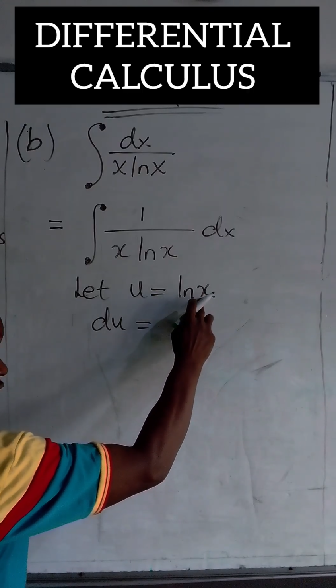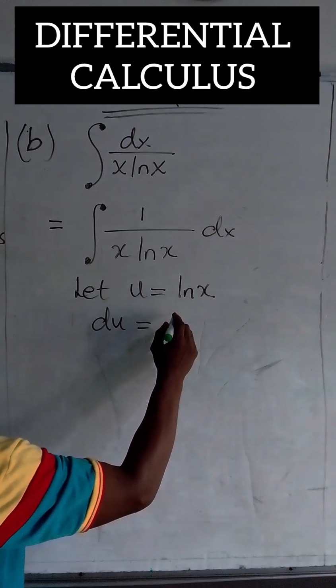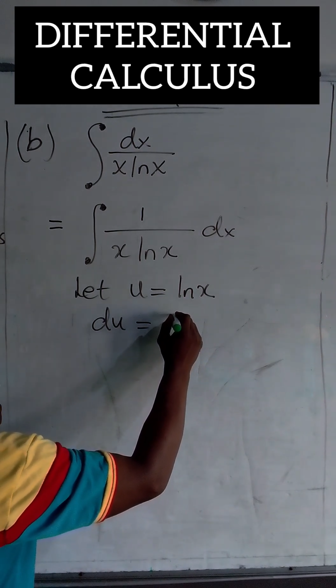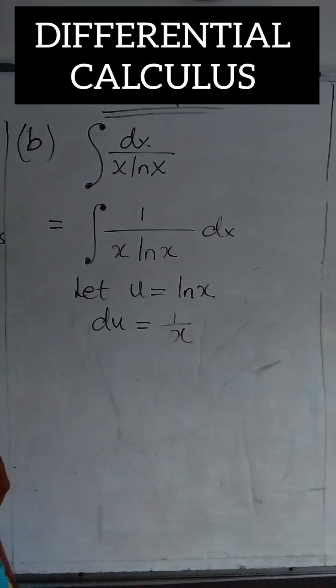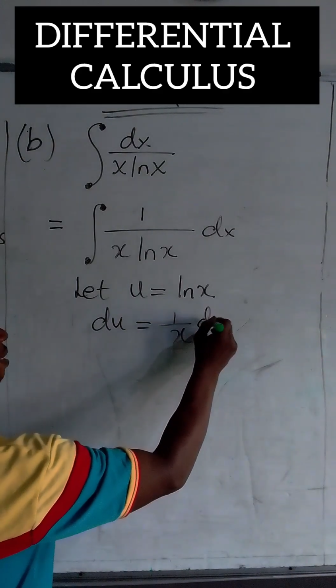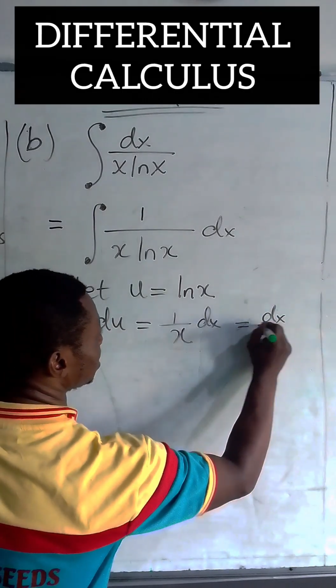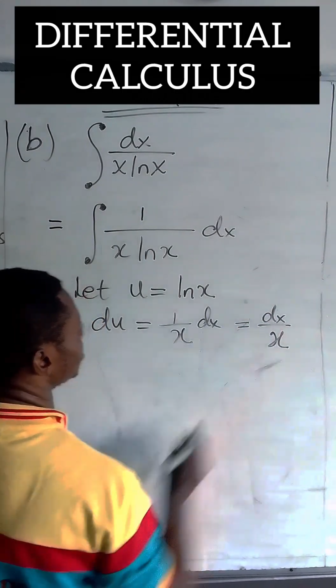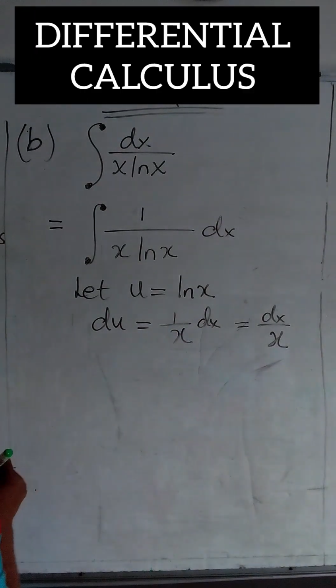So differentiation of ln x is 1 over the function itself, x, but with respect to x. Definitely we can say it is dx over x.